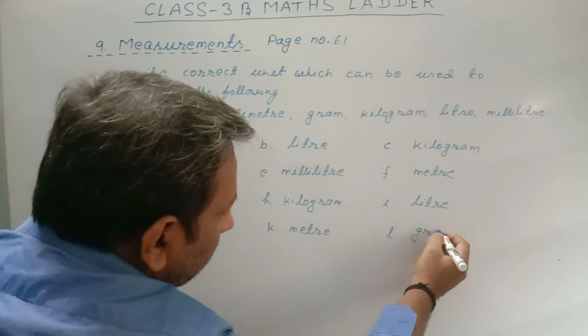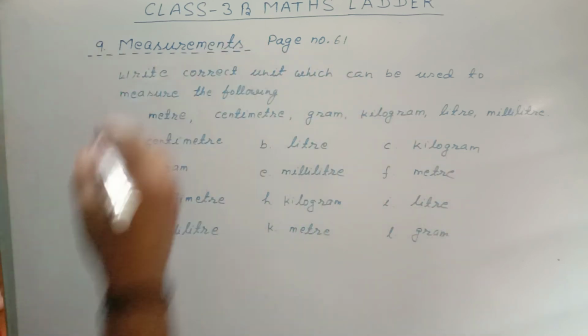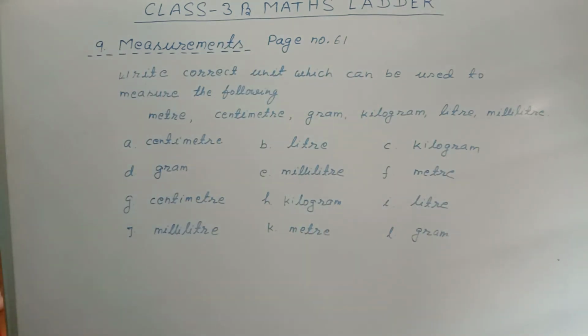I write here gram. So any solid object, that will be measured in gram or kilogram. Length of any object, solid object, that will be measured in meter, centimeter. And volume means that liquid will be measured in liter and milliliter.